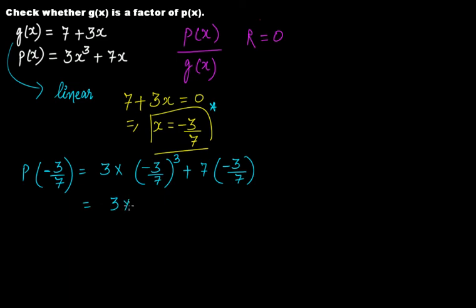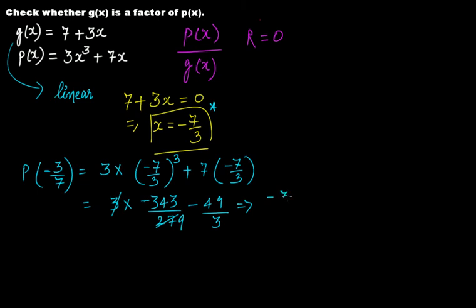This gives you 3 multiplied by minus 27 by 343, and 7 times minus 3 by 7 is minus 3. So this is minus 343 divided by 9 minus 49 divided by 3.